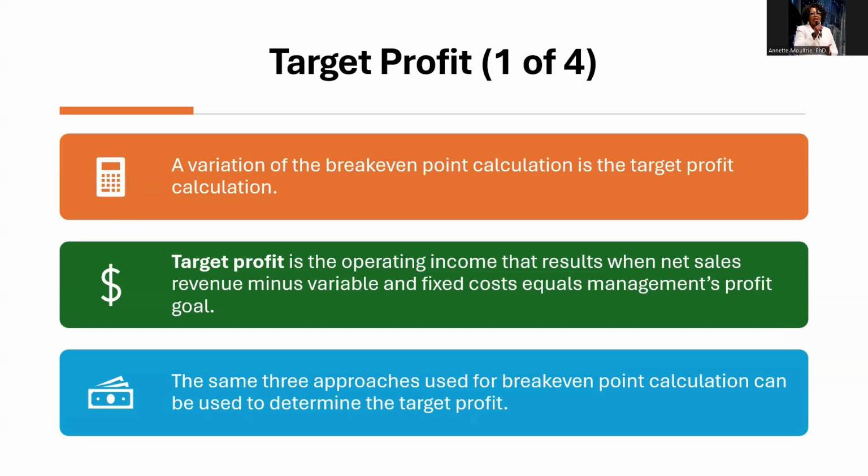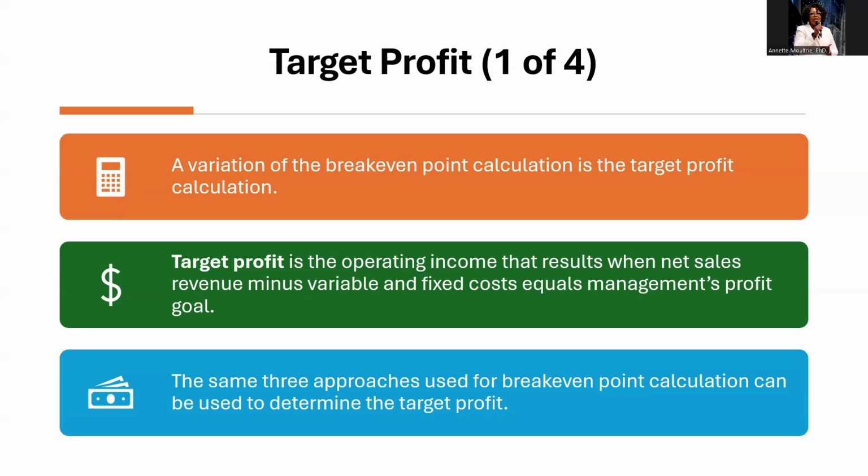A variation of the break-even profit calculation is the target profit calculation. Now, target profit is the operating income that results when net sales revenue minus variable and fixed costs equal management's profit goal. So the same 3 approaches can be used.